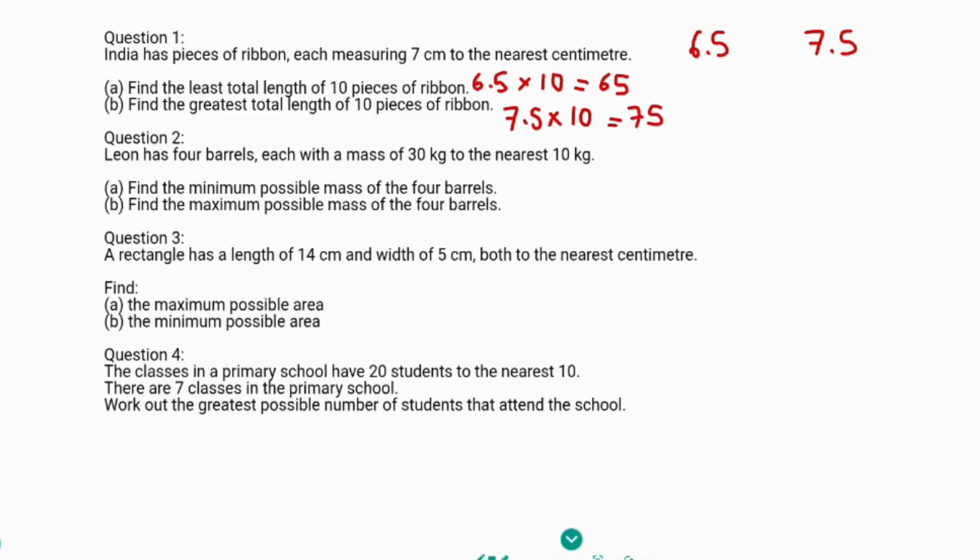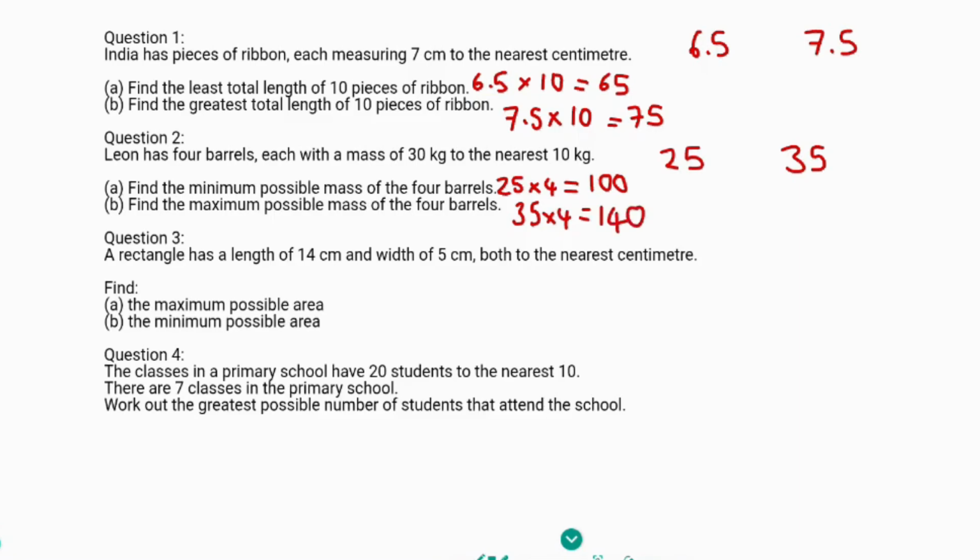For question 2, for your barrels, lower bound 25, upper bound 35. Minimum for 4 barrels, 25 times 4, which is 100. And your upper bound, 35 times 4, which is 140.